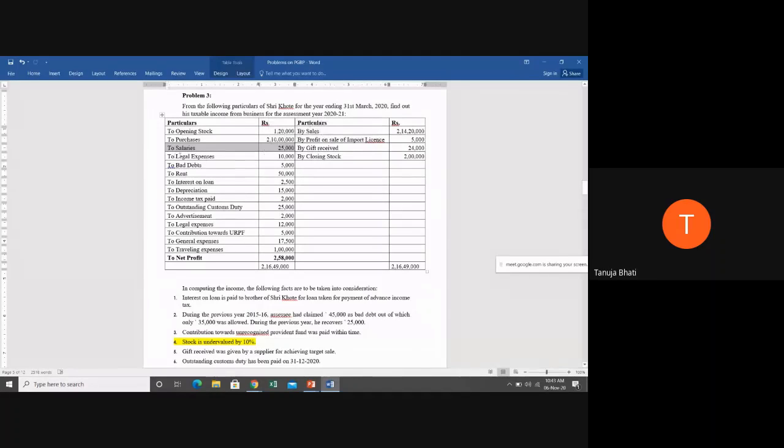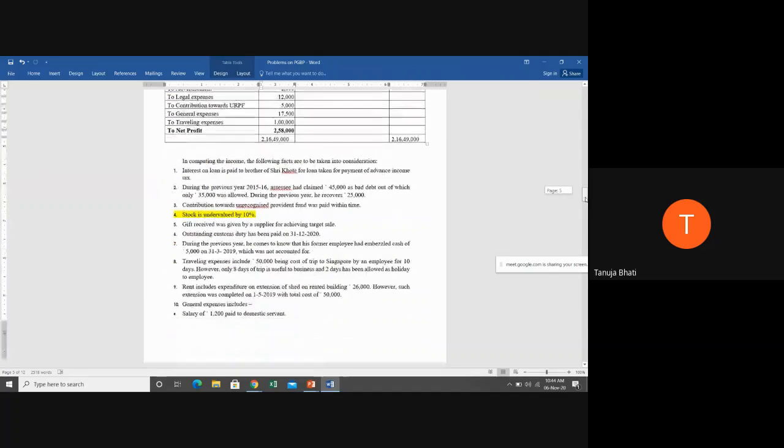Next, legal expenses is 10,000. Now legal expenses, we consider it to be a business expenditure because legal expenses are expenses for fighting a particular business case in the court or giving an advocate a particular amount for solving some issue relating to business. But let us just quickly see if some additional information about legal expenses is given.